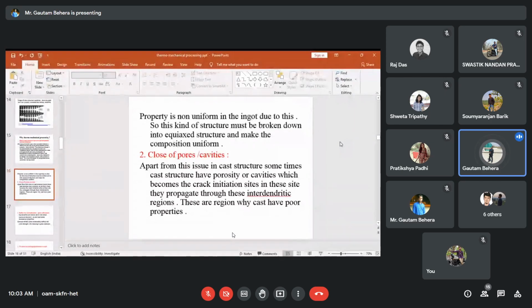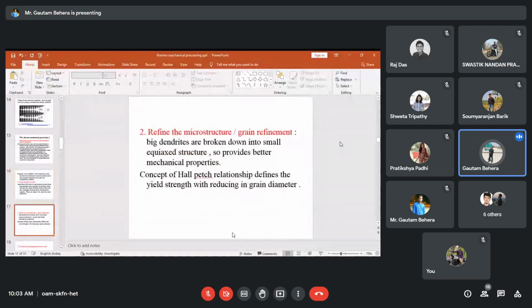Then refine the microstructure. Already I have told you cast structures are basically coarser, and coarser grain structures are not good. By thermomechanical processing, we can get equiaxed grains with small size, so grain refinement can be done. And you remember the Hall-Petch relationship. What is it? Can you tell me quickly?